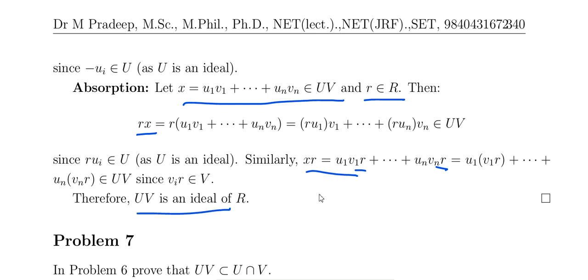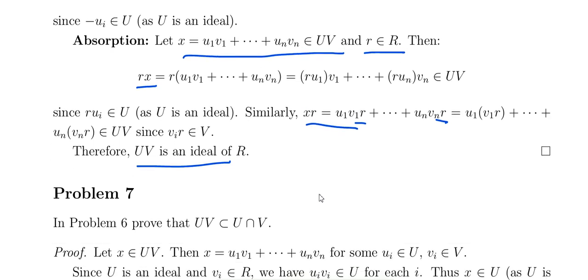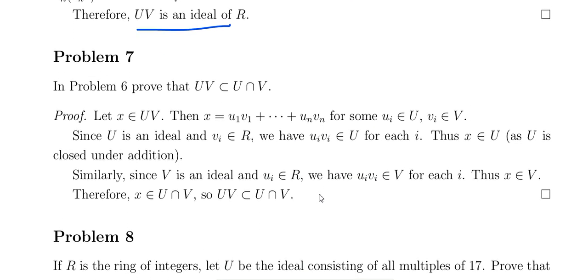Okay, and also UV is a subset of U intersection V. When you choose some element x in UV, it is in the form of a sum of ui vi, where ui belongs to U and vi belongs to V. U is an ideal and vi belongs to R, and therefore ui vi belongs to U, and x belongs to U, as U is closed under addition.